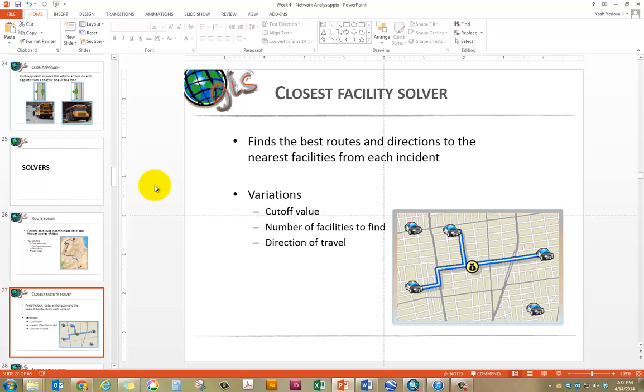The variations in this would be cutoff value and number of facilities to find, because if instead of finding the 3 closest cars, you say find me the 50 closest cars, that wouldn't be of much value. So you need to have a cutoff value and then direction of travel. Again, there are a lot of attributes that could go into it.